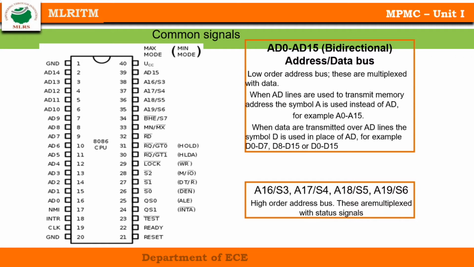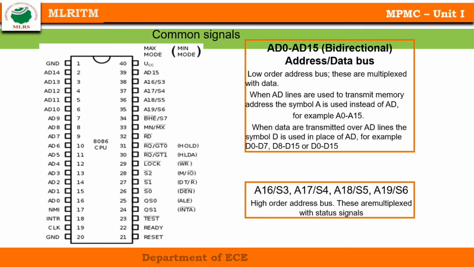During the T1 state, they carry the address for the latch operation, and during T2 to T4 states, they carry the data. When AD lines are used to transmit a memory address, the symbol A is used instead of AD, for example A0 to A15.